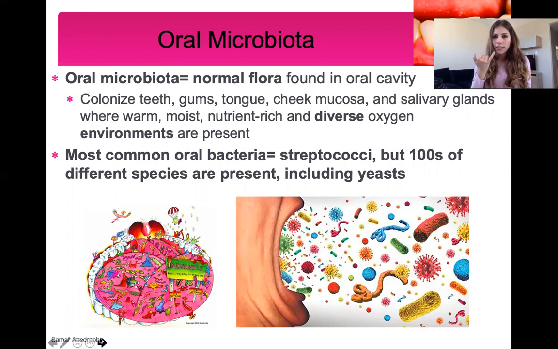And if you look at different areas of the mouth, you'll see more bacteria colonizing some areas more than other areas. So for example, if you're an aerobic bacteria, you're going to see it more in the front of the oral cavity, whereas if you're an anaerobic bacterium and you don't like oxygen, you're going to colonize the deep cuts or between teeth.